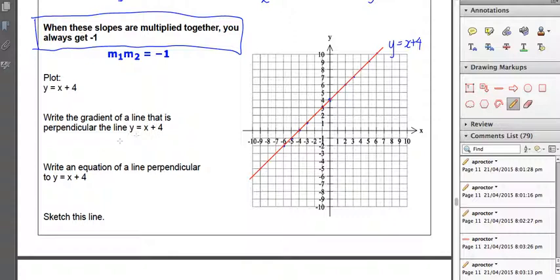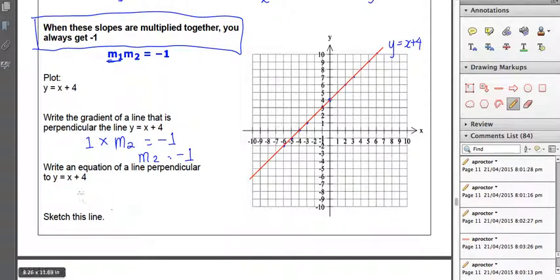Well, if we've got a gradient of 1, I'll call that M1, so that's this part here. If M1 is 1, that's the gradient of our original line, when you multiply it by the gradient of a line that's perpendicular, we must get -1. So what you'll be able to see here is that our second line must have a gradient of -1.